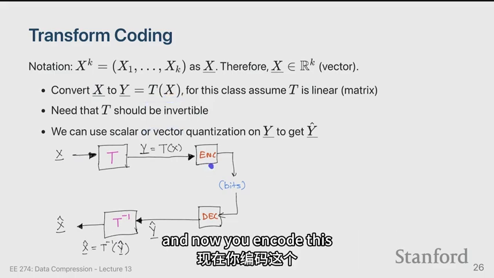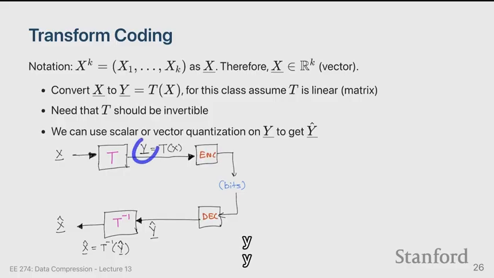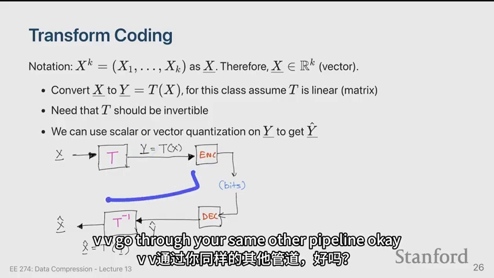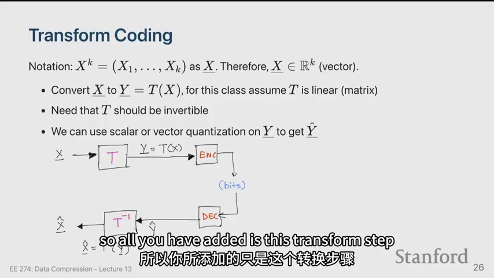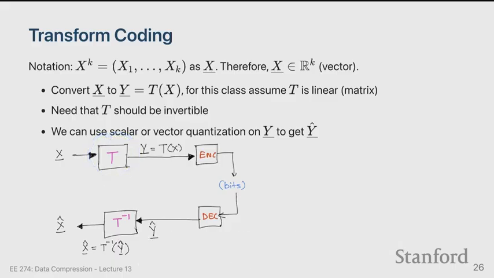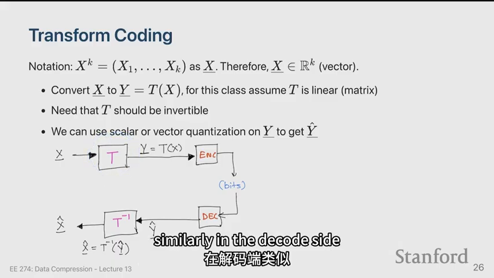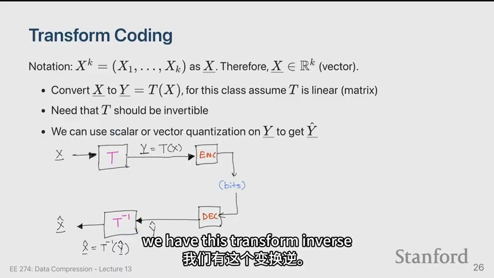And now you encode this y, and we go through the same pipeline. So all you have added is this transform step. And similarly on the decode side, we have this inverse transform.